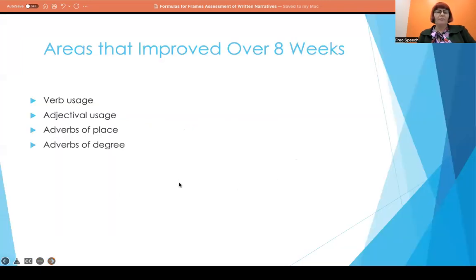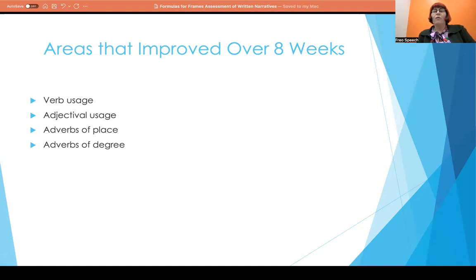So the areas that are improved across the 8 weeks were her verb usage, very much so, in terms of those attempts between the problem and the solution. More adjectives used, many more adverbs of place and adverbs of degree. So these were all taught deliberately to the whole class.